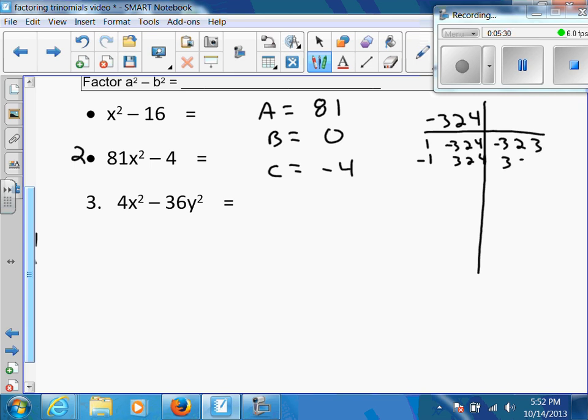Now we do 2. 2 and 162, and negative 160. Next one we want to try is 3. Does 3 work? Yes, it does. 3 and 108.